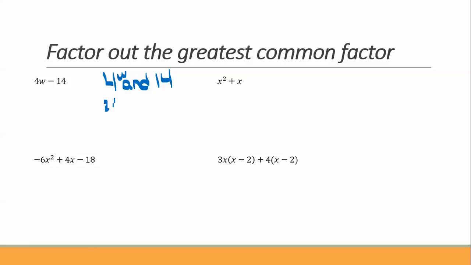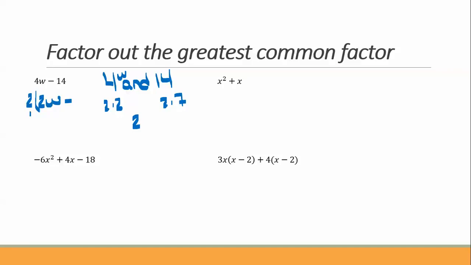4 is 2 times 2. 14 is 2 times 7. So the greatest common factor of 4W and 14 is 2. So if we factor out a greatest common factor, we have 2. And then you think, what do I need to multiply 2 by to get 4W? I need to multiply 2 by 2W to get 4W.